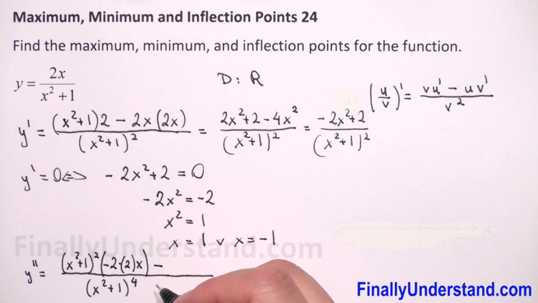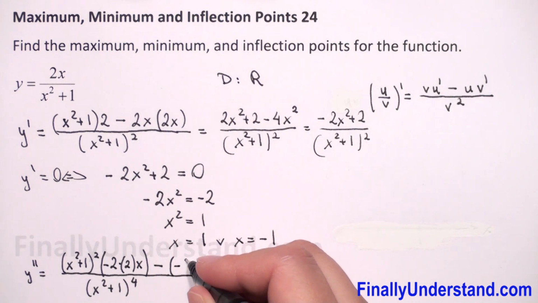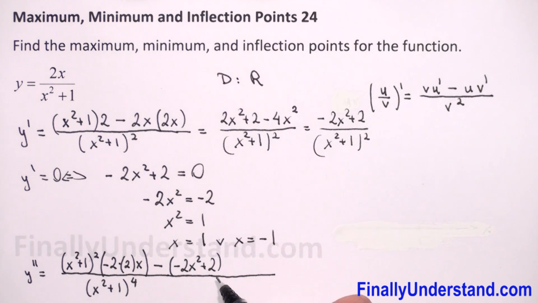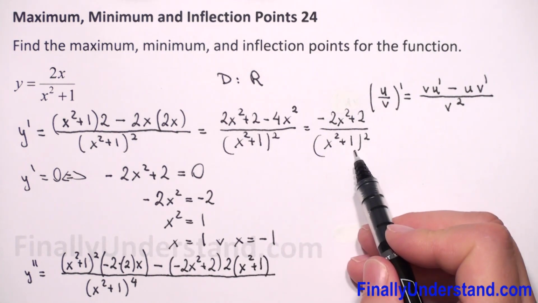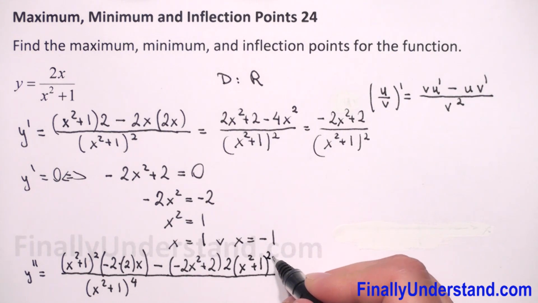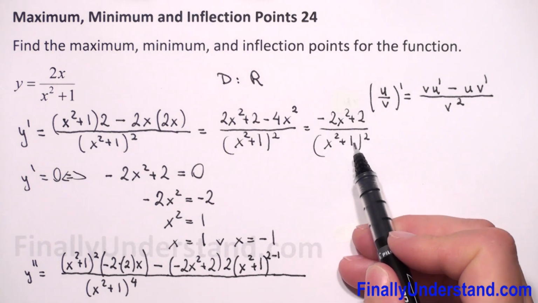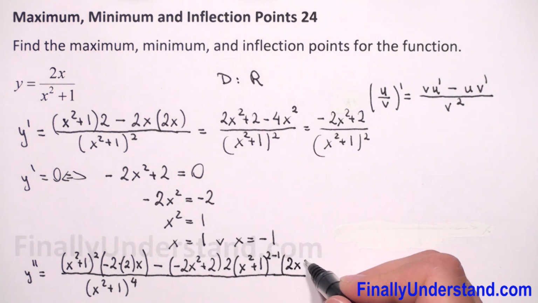Minus, and now we copy the numerator, so we have negative 2x squared plus 2 times the derivative of the denominator. We will have 2 times x squared plus 1, we copy whatever we have in parentheses to power 2 minus 1, times the derivative of the expression inside the parentheses, so 2x.